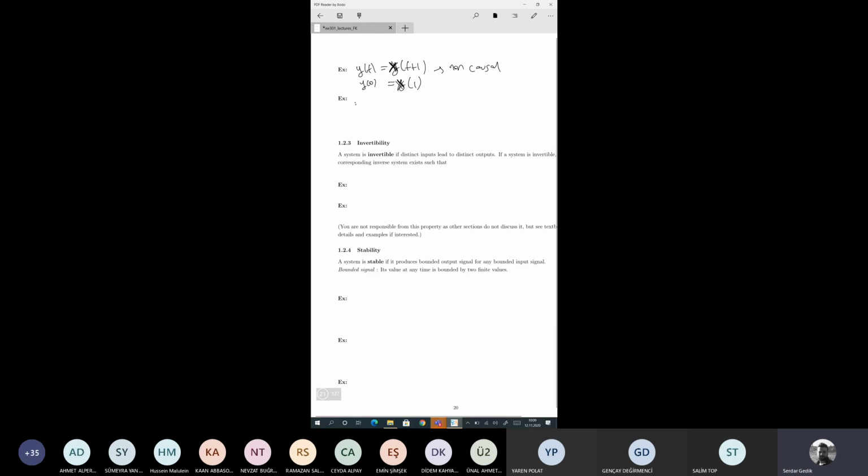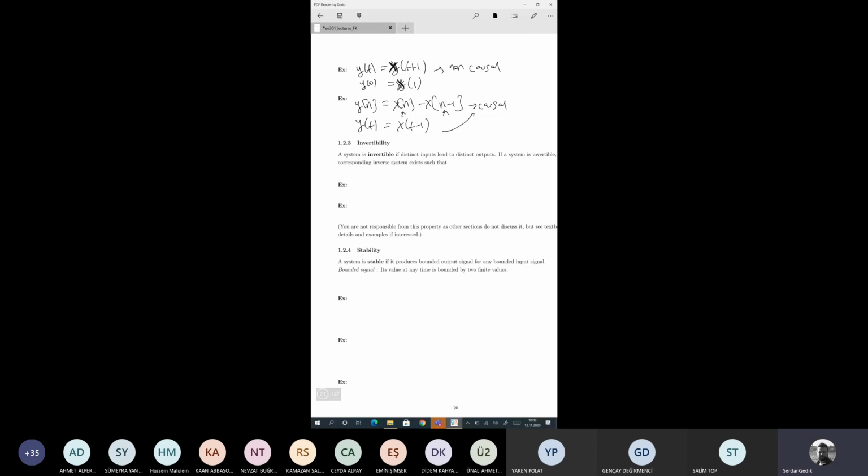What else? y of n is equal to x of n minus x of n minus 1. This is a causal system. In order to find the current value, I need the current value and one sample value from the past. What about y of t is equal to x of t minus 1? Again, this is a causal system. In order to find the current value, I need one past value.